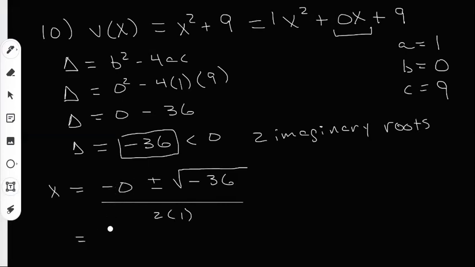The negative 0 isn't going to factor into our answer any, so we can ignore it. We have plus or minus the square root of negative 36, which is going to be 6i. Square root of 36 is 6, and the negative turns into an i, and everything is being divided by 2 times 1, which is 2.